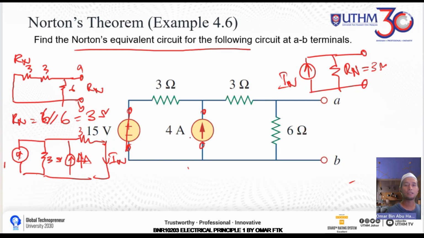So the current here is 15 volt divided by 3, which will be 5 ampere. So 5 ampere and 4 ampere, you can just combine the sources, because both are going up. 5 plus 4 is 9 ampere.